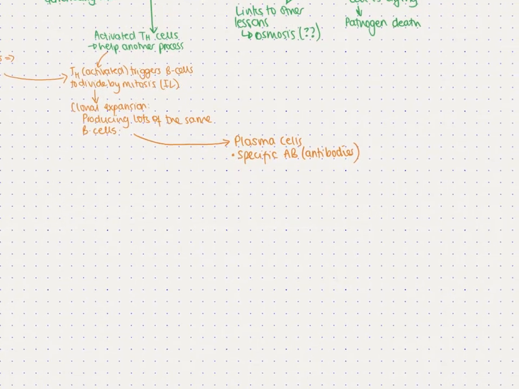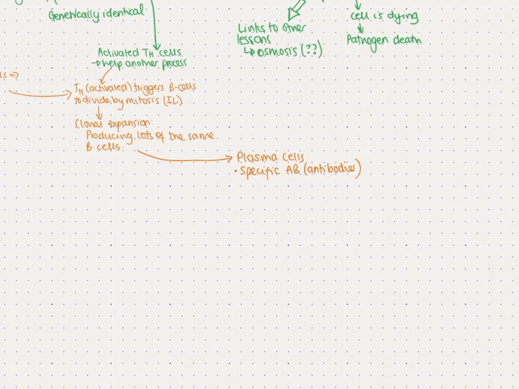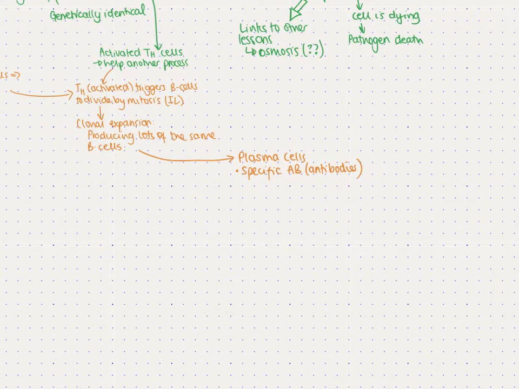And those antibodies are able to affect our pathogen, affect cells in 3 different ways. So we've got neutralization, we've got agglutination, and we have got opsonization.